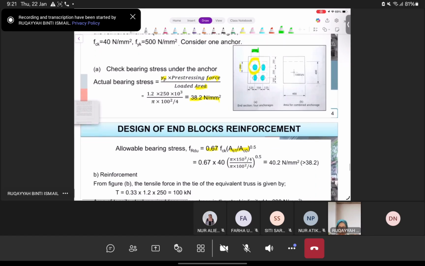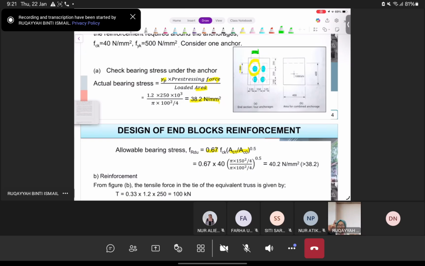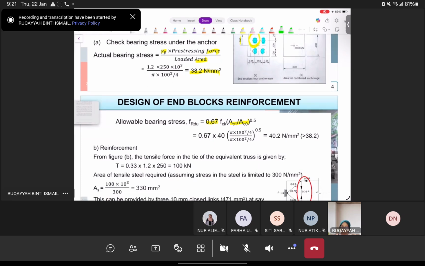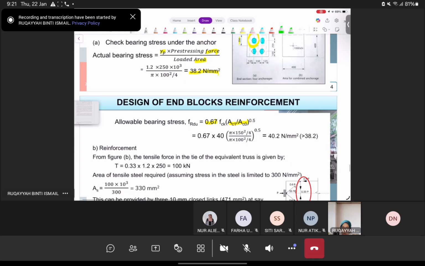Even though the area looks square, since we are taking the ratio of Ac1 to Ac0, we take 150 as the full diameter, multiply with 3, power of 2, divided by 4. So the allowable bearing that we can calculate from this is 40.